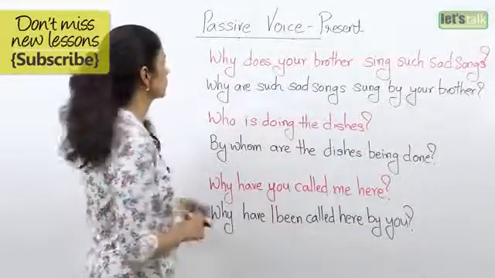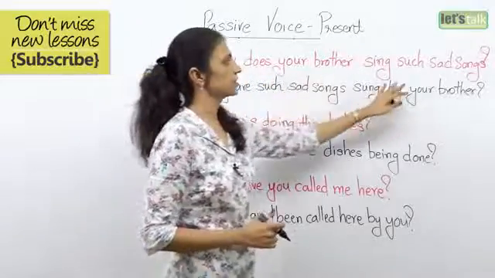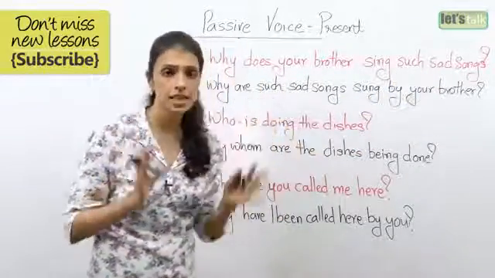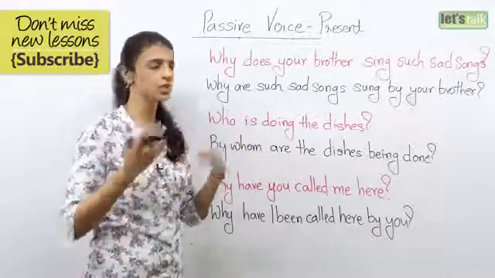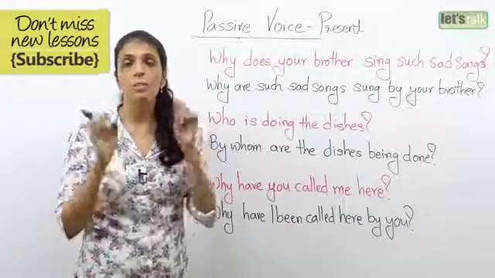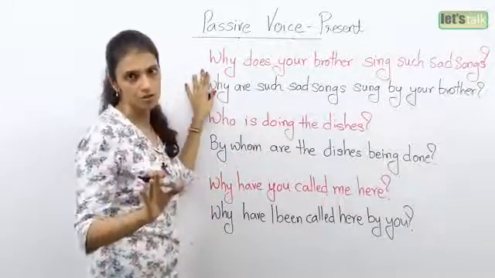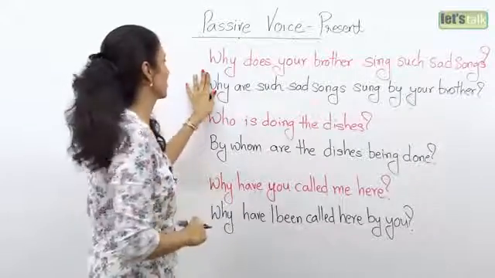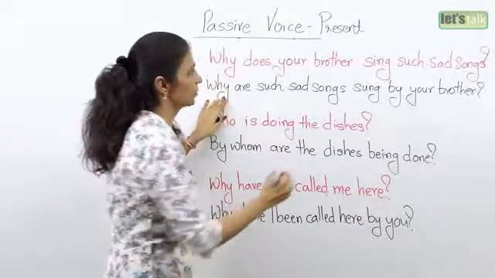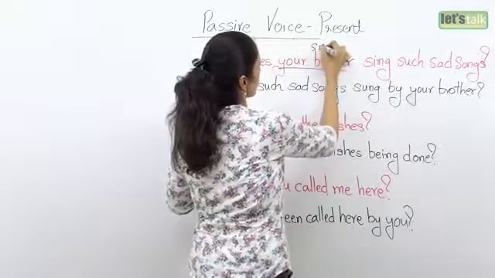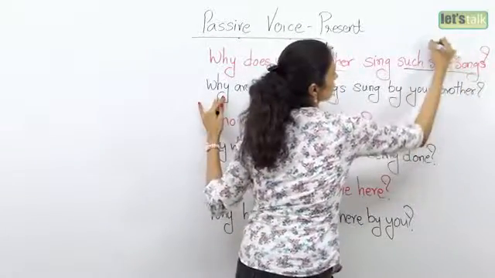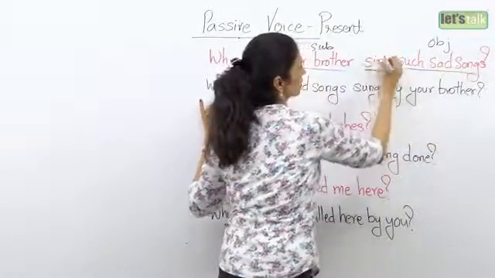So the first question, why does your brother sing such sad songs? We're going to do the same things, object subject, subject object, but remember, please keep it as a question. Don't try answering it. So why? Now, your brother is the subject, such sad songs are the object, and sing is the verb.